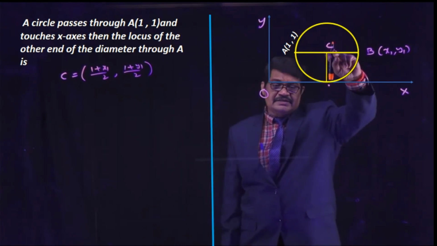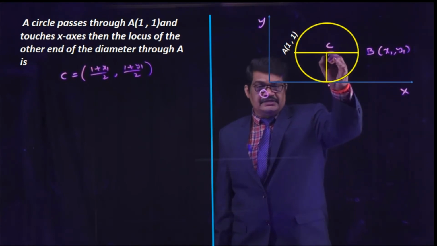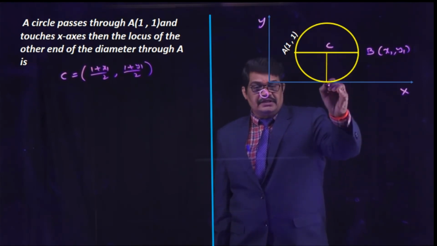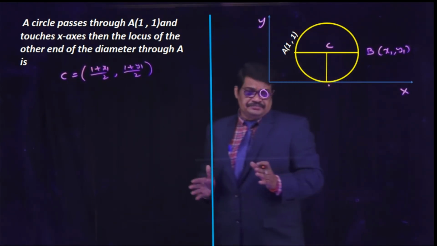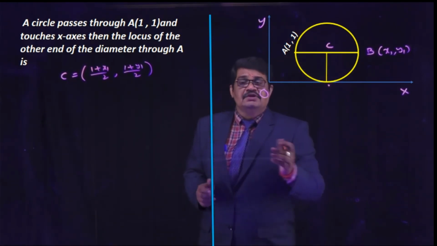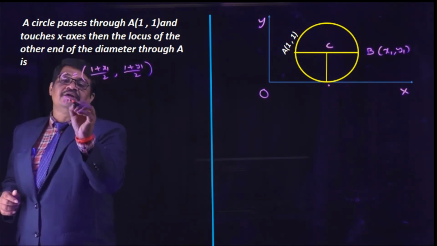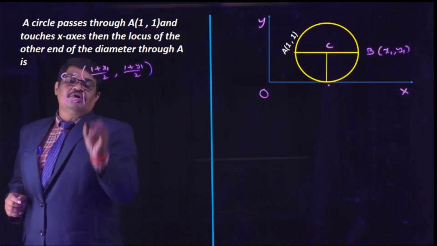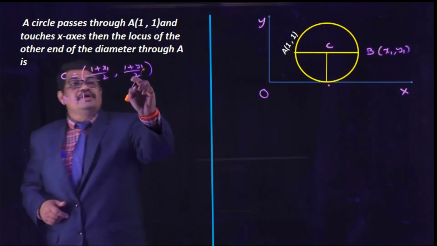Here the circle touches the x-axis. Then this length is the radius. So if any circle touches the x-axis, then what is the radius? We know the concept that r, the radius, is the modulus of the y-coordinate of the center. What is the y-coordinate of the center?